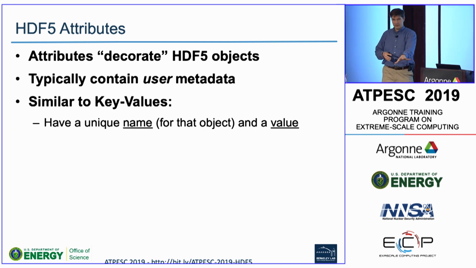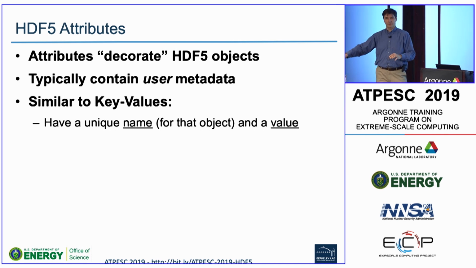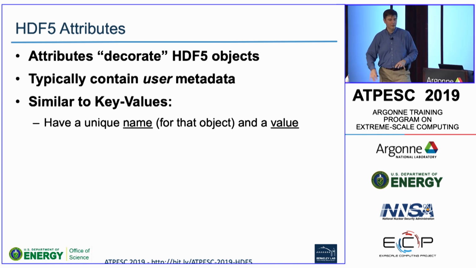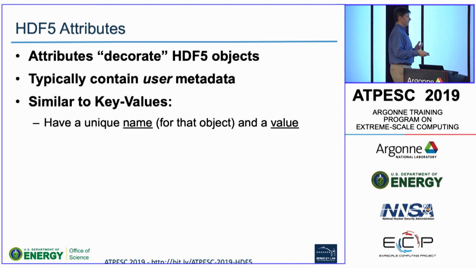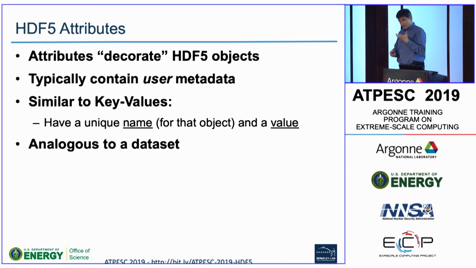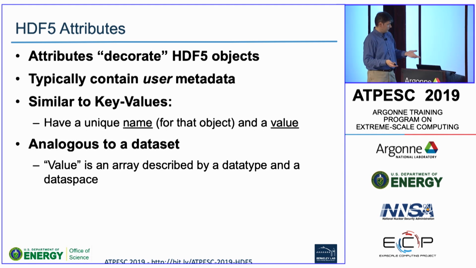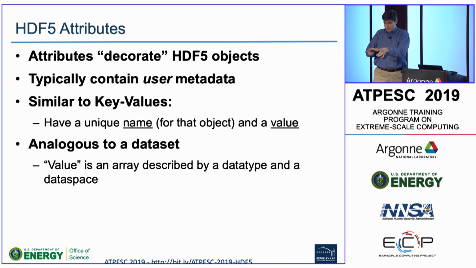So you can have one data set with an attribute called X and another data set with another attribute called X. They're completely separate. And there's a value for the attributes, right? The value for an attribute is analogous to a data set, and it's described by a data type and a data space the same way. So it's a little mini array.